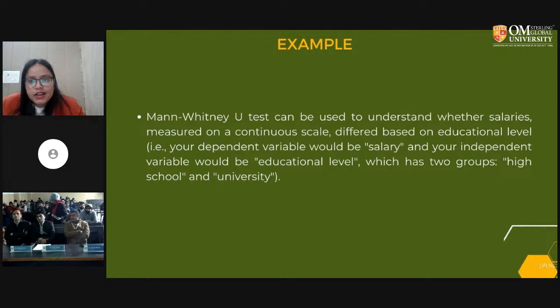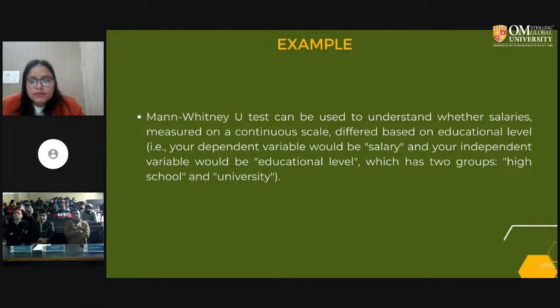That educational level can be categorized in two groups, people who have gone to university or who were in school. First category, high school. Second category, university. So we have created two independent groups. Now we want to see whether these two groups differ or are similar on the basis of the salaries they are getting. In this case, you can use the Mann-Whitney U-test as an alternative to the independent t-test.